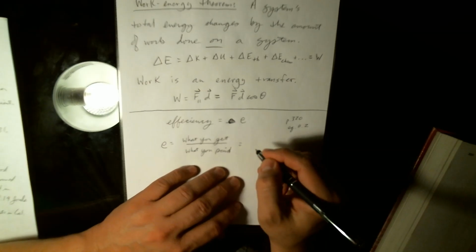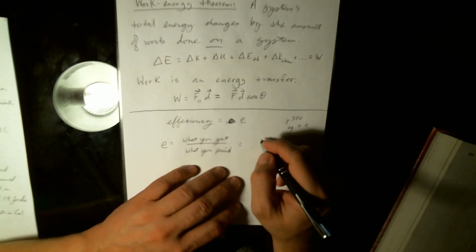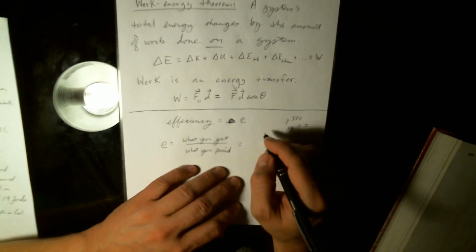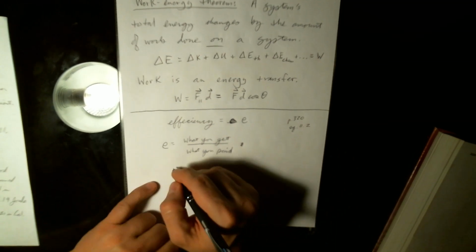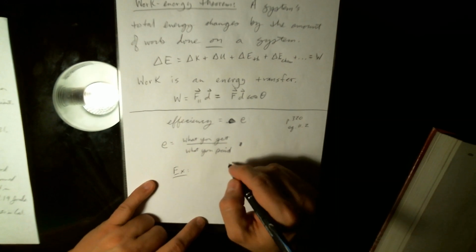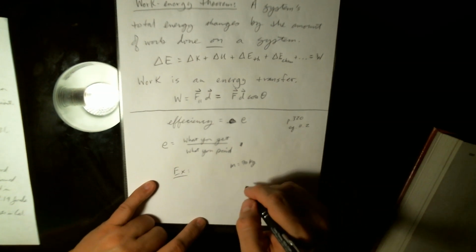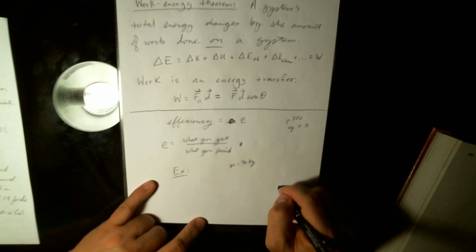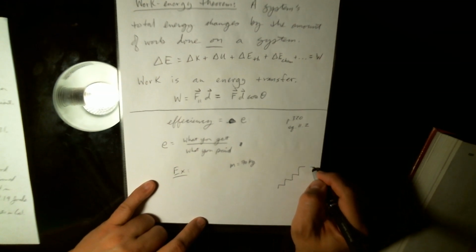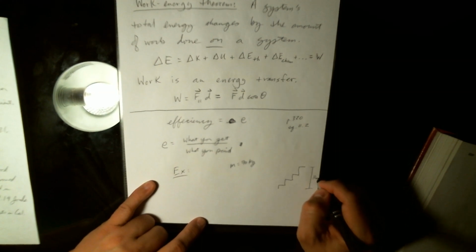I don't know. Let me make up some numbers. Let's do an example. Let's say that you have a mass of 70 kilograms, and you climb up some stairs. They look like this. And the stairs have a height of, I don't know, 10 meters.